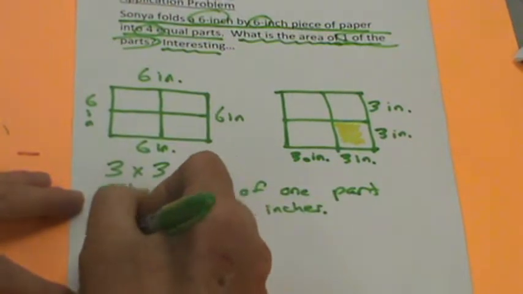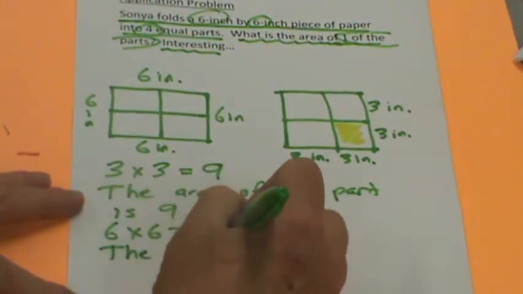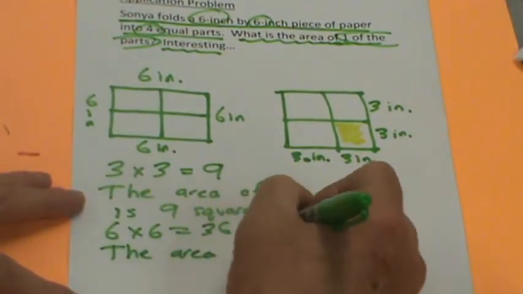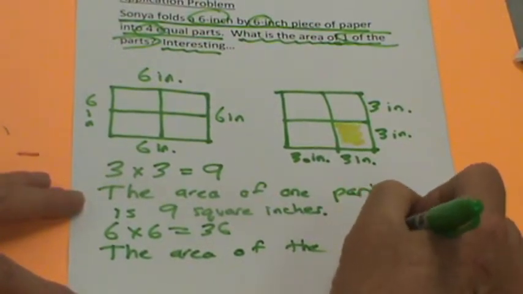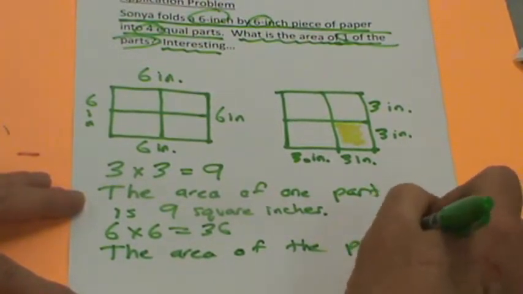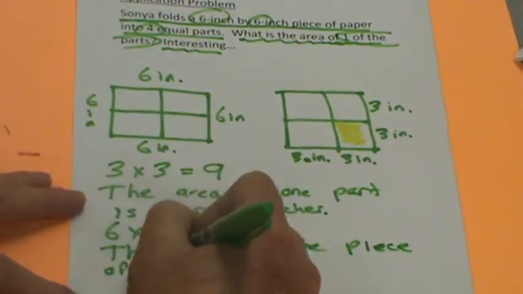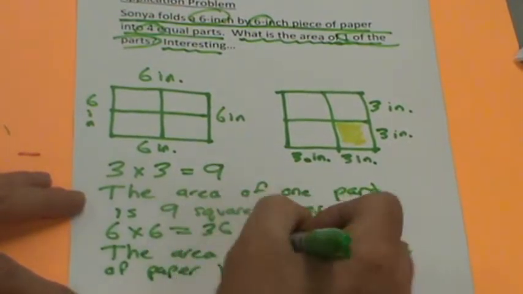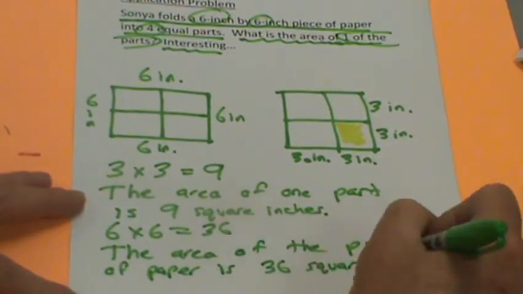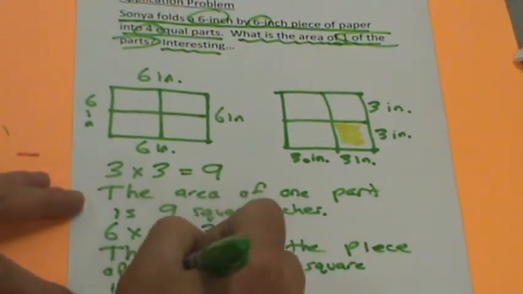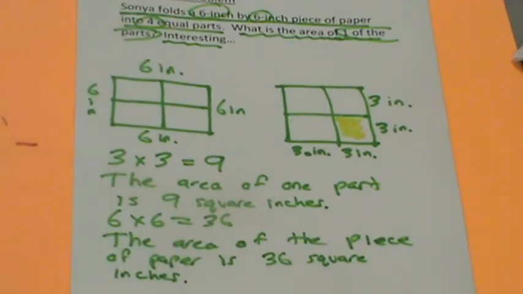So we could say the area of the piece of paper, the whole piece, is 36, what kind of inches? Square inches, period.